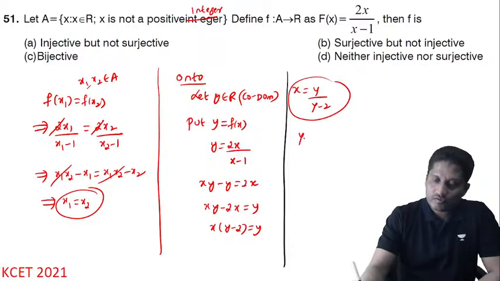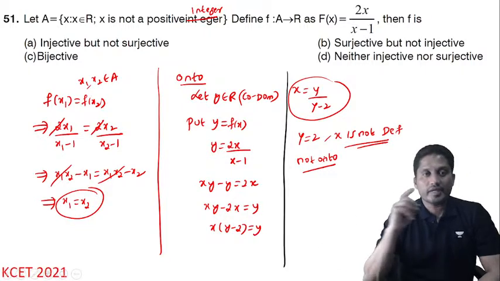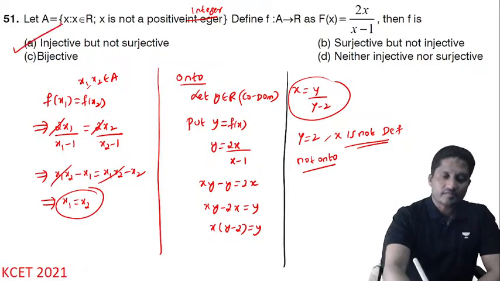If y is equal to 2, x is not defined, right? x is not defined, therefore this is not onto. So this is one-to-one but not onto, injective but not surjective. Answer is option A.